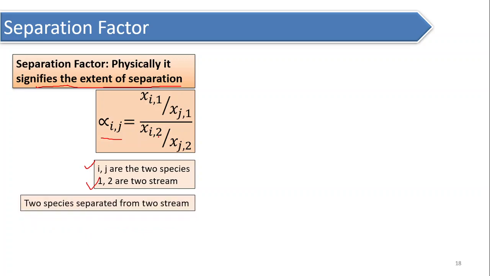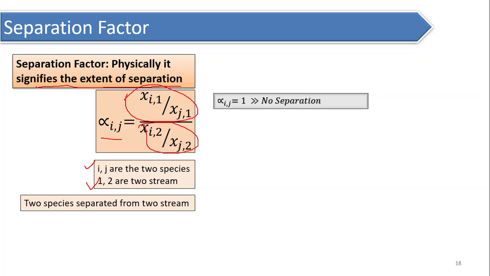And how can we conclude from this separation factor? For example, if alpha ij is equal to 1, it means this value in phase 1 is equal to phase 2. So it means there is no distribution. In both the phases the same amount of material is present. So in this condition there is no separation.